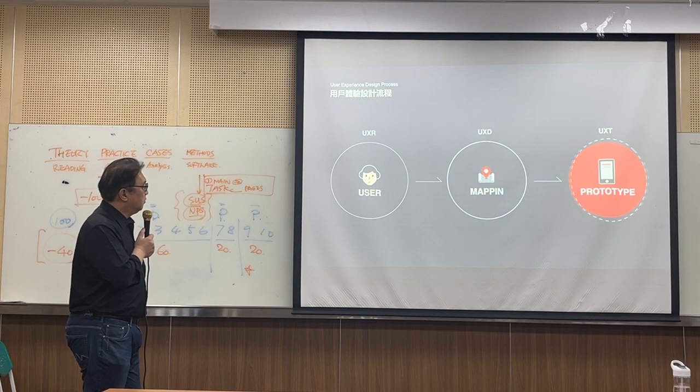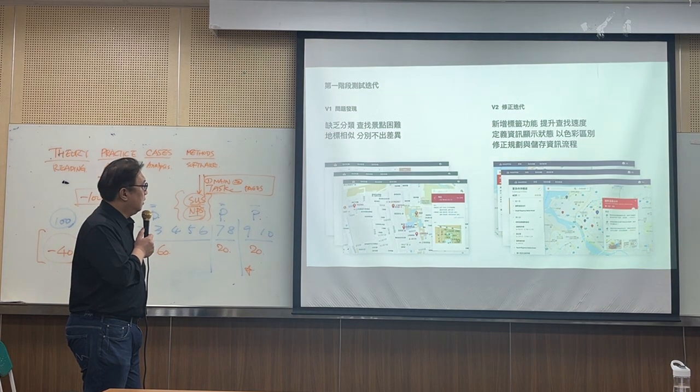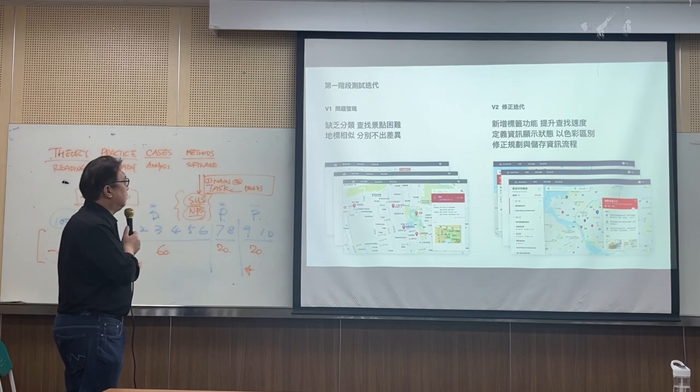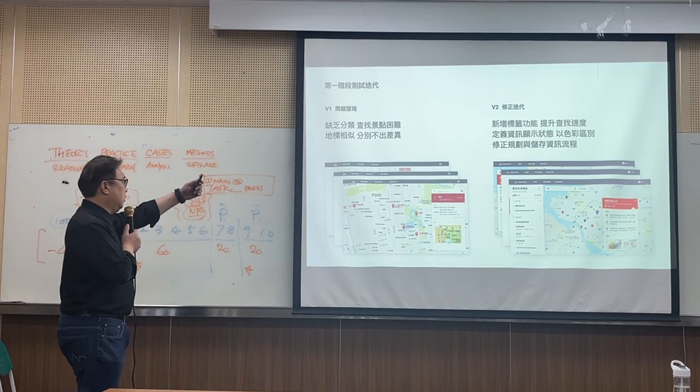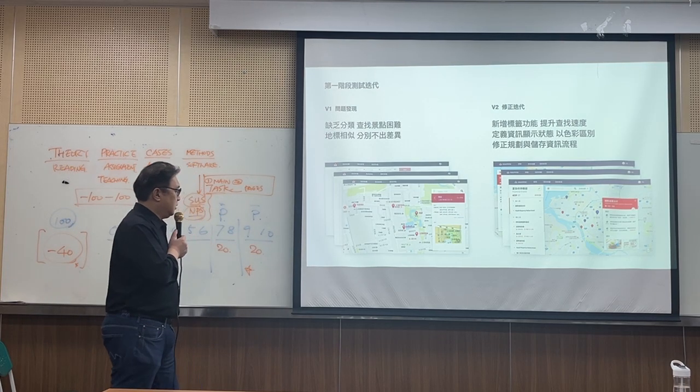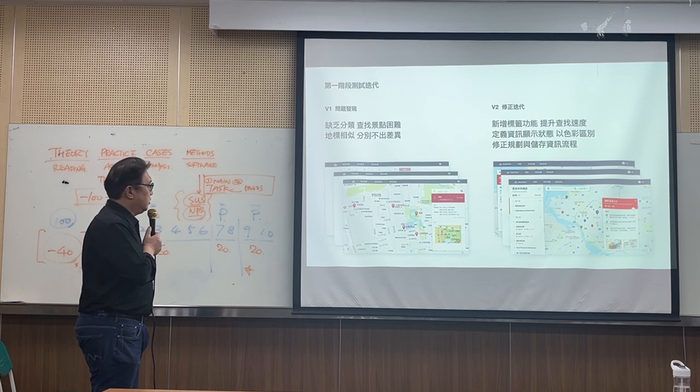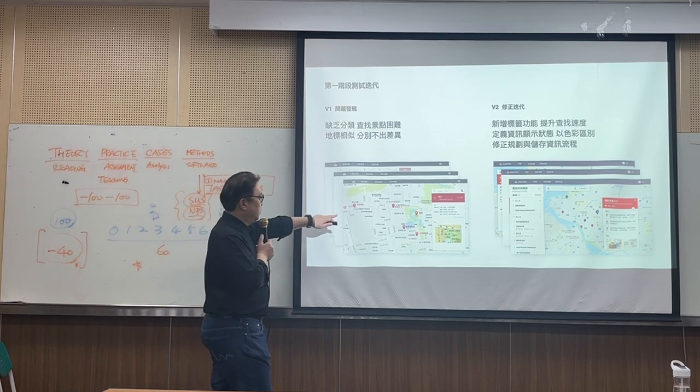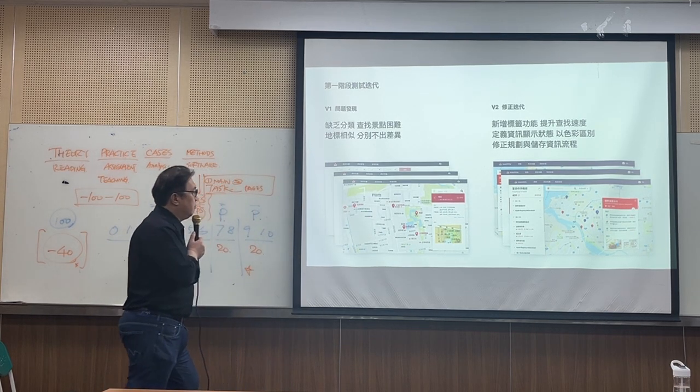Okay, so then we produced a prototype and used 6 users to test. We found some problems. The categorization, how to find the spots, is very difficult, and they cannot see the difference between different landmarks.